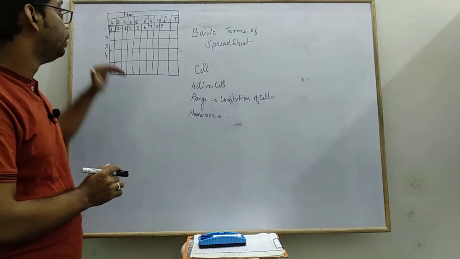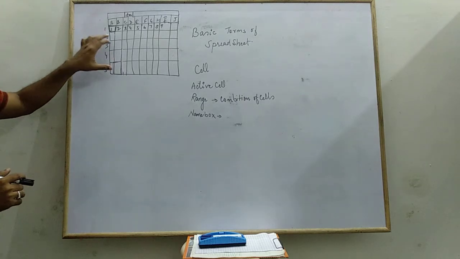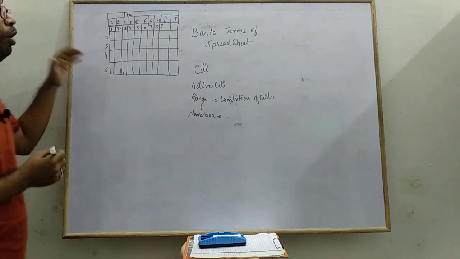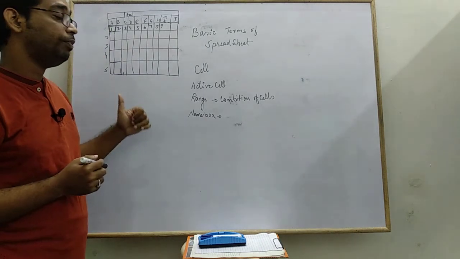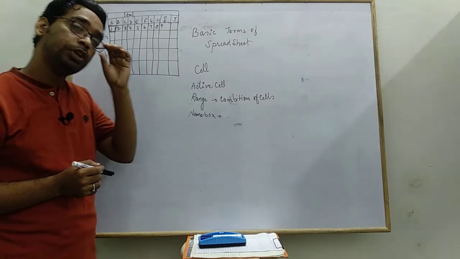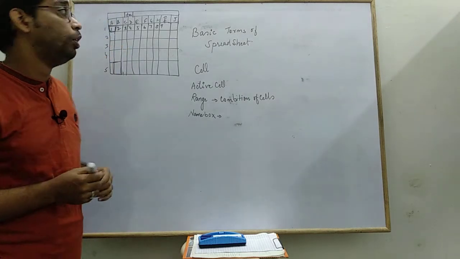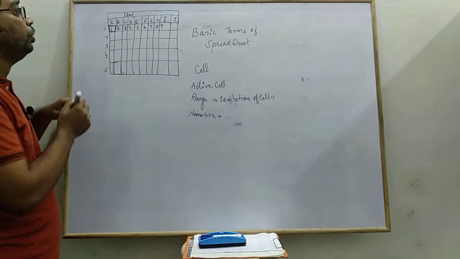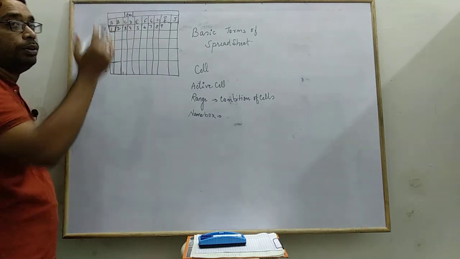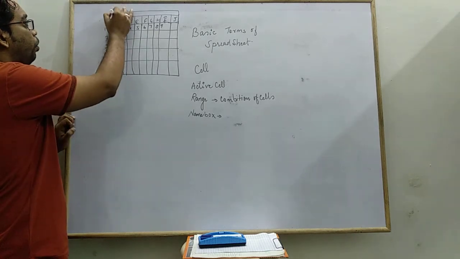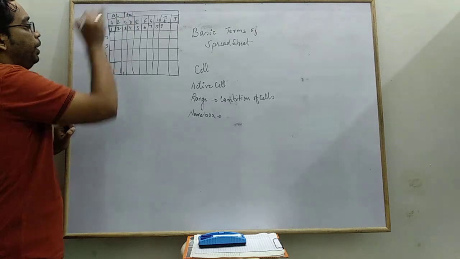As you can see here, as soon as you select a cell, the name of that cell will appear in that particular box, and that box is called the name box. Suppose you select the A1 cell, then just above the sheet on the left hand corner there is a box, and there the name of the cell will appear.